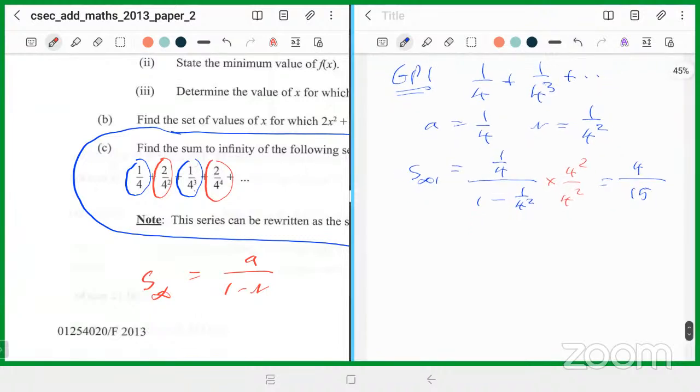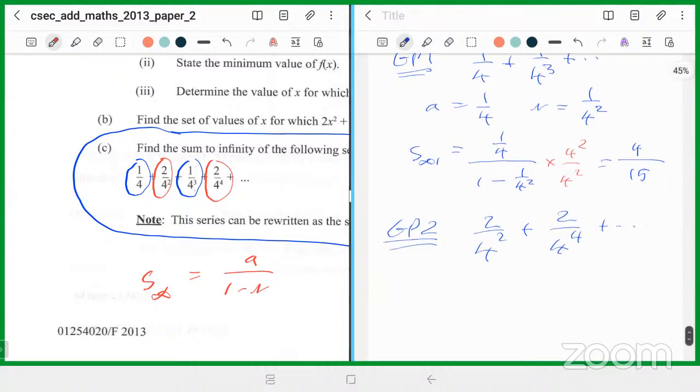We're going to go for GP2. Let's do GP2 now. So the second GP will be the ones in red. It's going to be 2 over 4 squared and then 2 over 4 to the 4th power. That's GP2. In GP2 now, the A is this, 2 over 4 squared. And the R, how do we go from this to this?